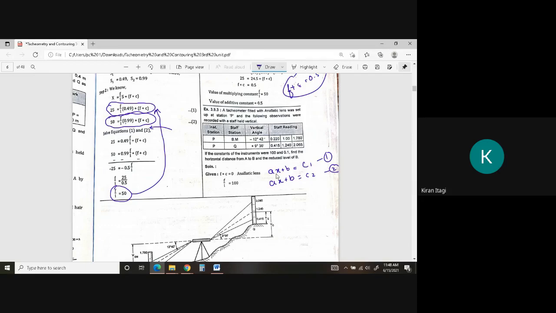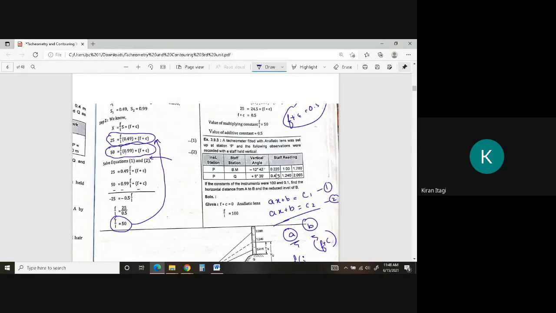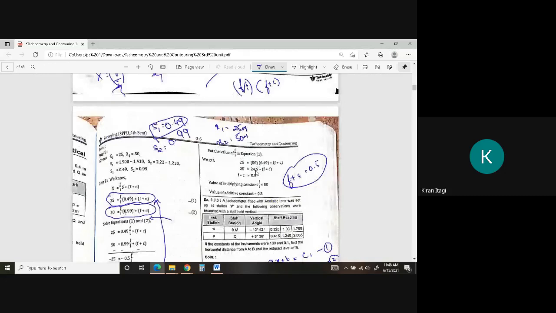Directly substitute in the calculator, and you will get the value of a. If you are solving manually, you get the value of a first, then substitute in either equation number 1 or 2. If you solve in the calculator, at a time you will get the value of a and b. a is nothing but f upon i, and b is nothing but f plus c. So at last you have to write the value of the multiplying constant is 50 and the additive constant is 0.5.